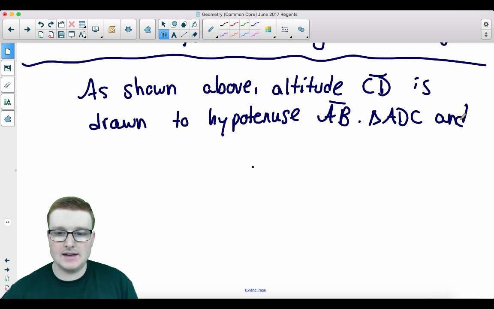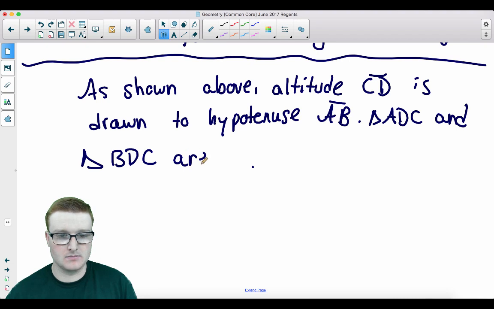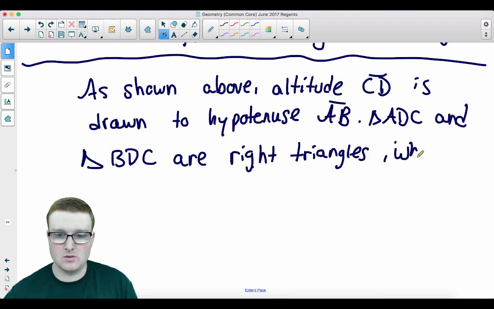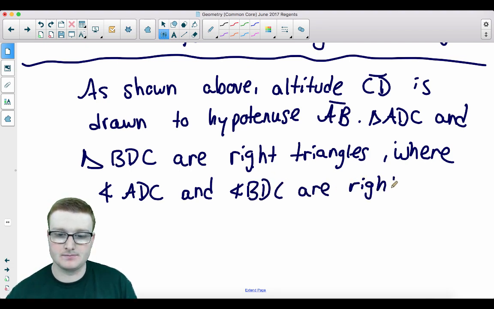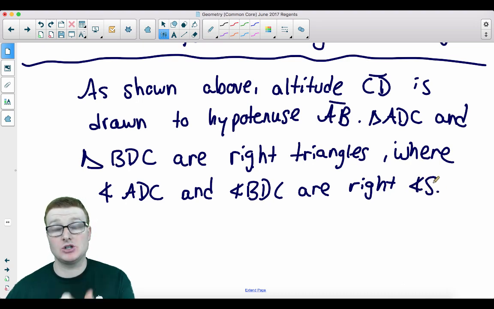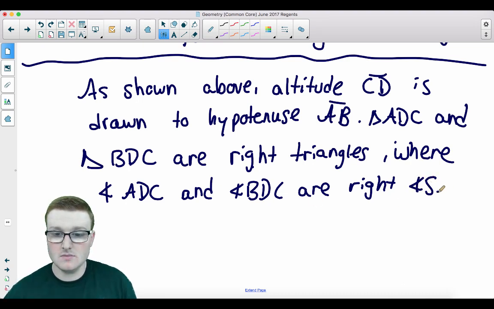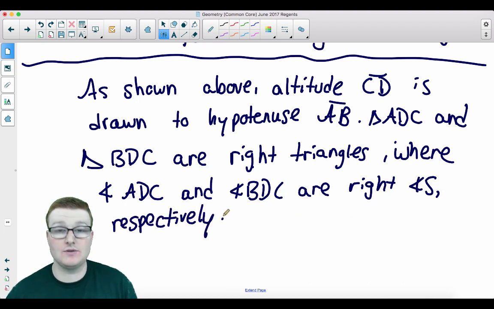Triangle ADC and triangle BDC are right triangles where angle ADC and angle BDC are right angles. All right, well, we just proved that just by the right triangle theorem and the altitude theorem. Right angles respectively. You don't need to write that respectively, but it would be nice if you would.